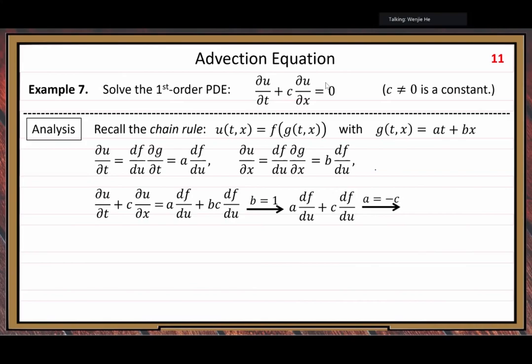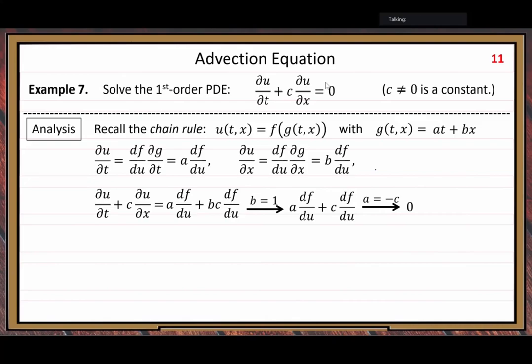Our second round, we can choose a as any constant value, so we use that freedom, and this time we choose a equals negative c. If a equals negative c, the positive term and the negative term cancel out, that means 0, and that satisfies our original equation.